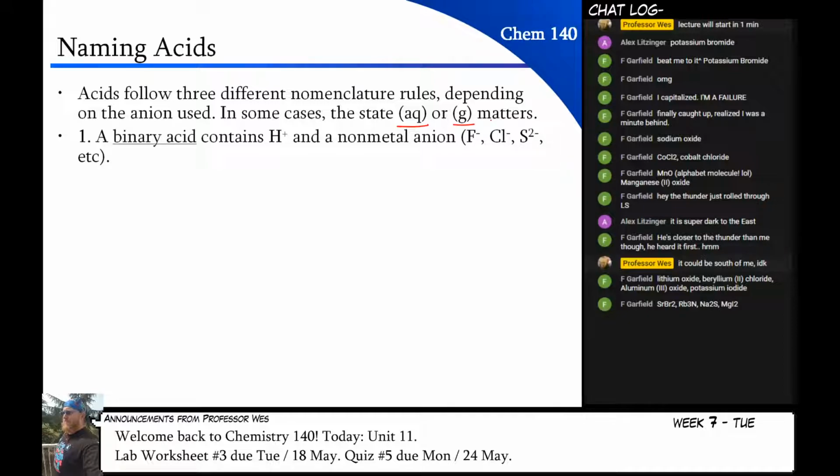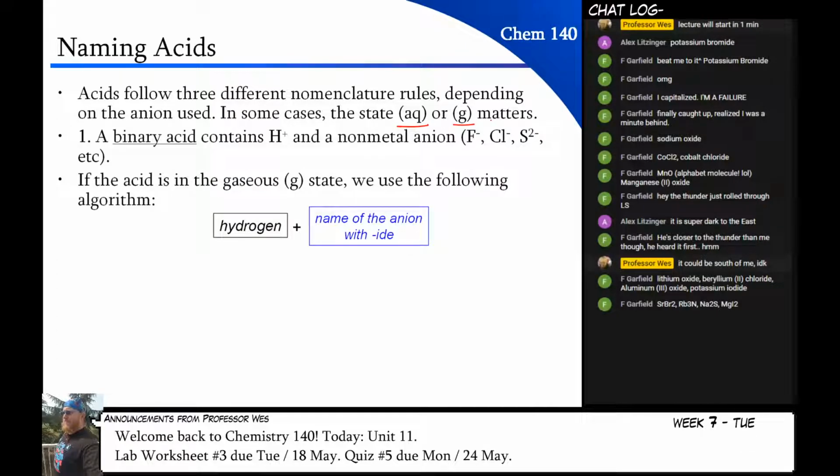A binary acid is any acid that is H and then some other element. If the acid is a gas, you say hydrogen and then just whatever ide you're looking at. So this would be, as a gas, hydrogen chloride. That should be a DE, but we'll just fix it.